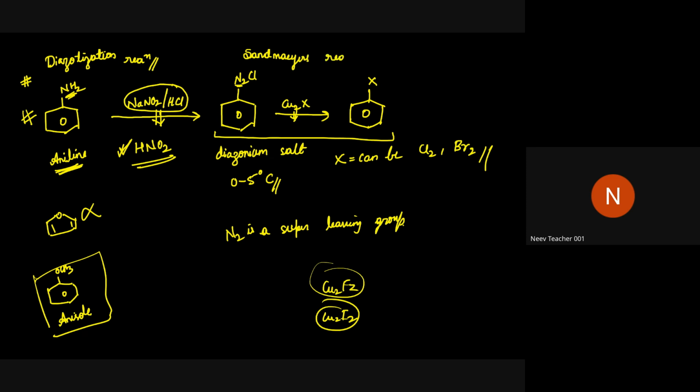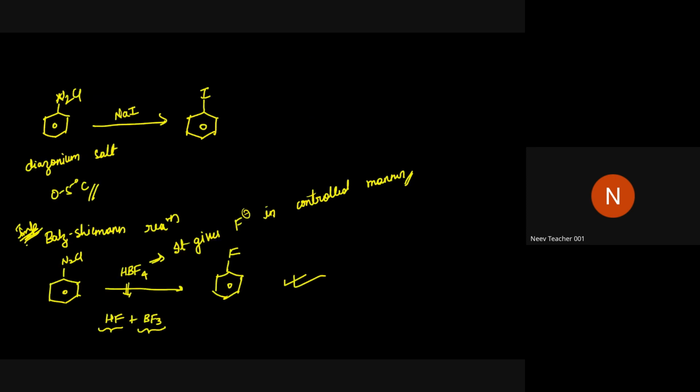And the fluorination is called the Balz-Schiemann reaction. Both reactions are very important for JEE, KSET, as well as boards. So for all the exams, this is a very important part.